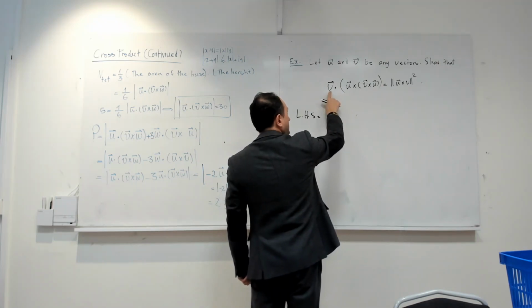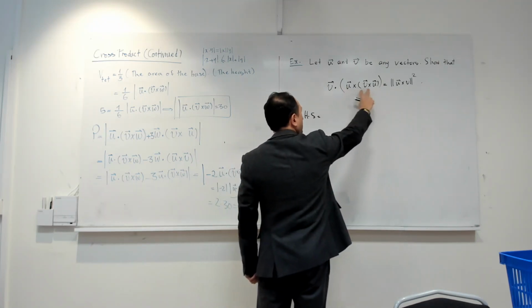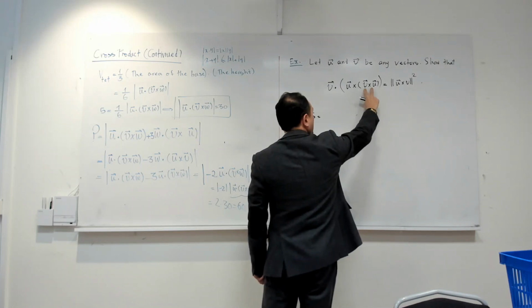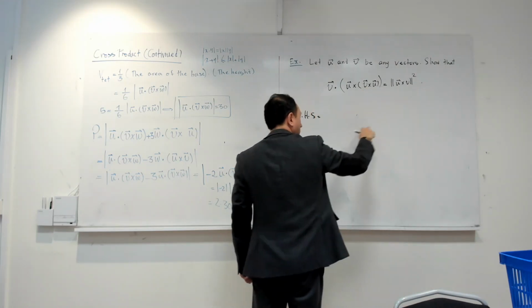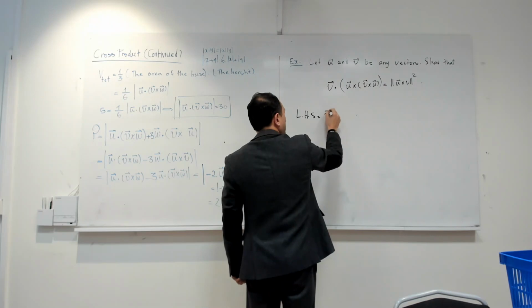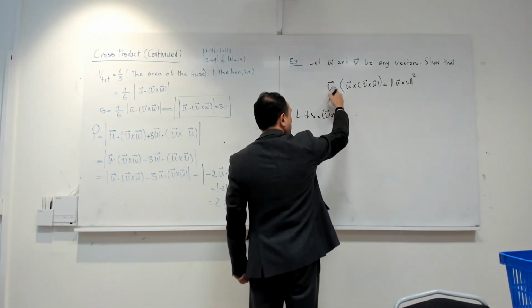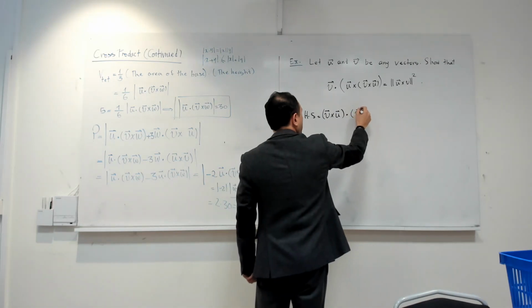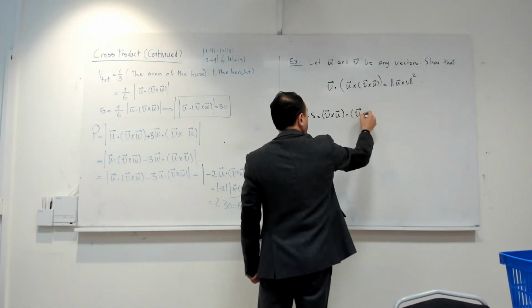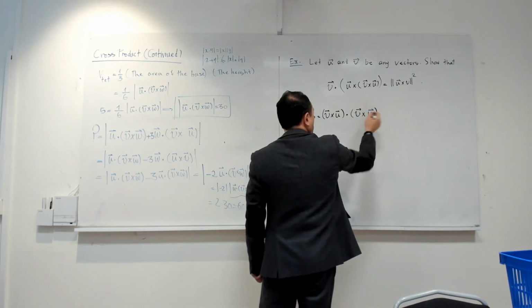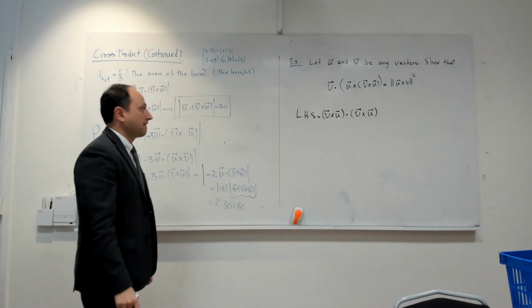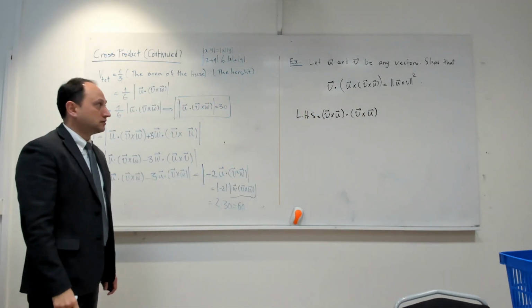V comes first, U comes second, V cross U comes third. Now the way I have to read it should be V cross U, and then dot, V goes in. Yes? As simple as that.